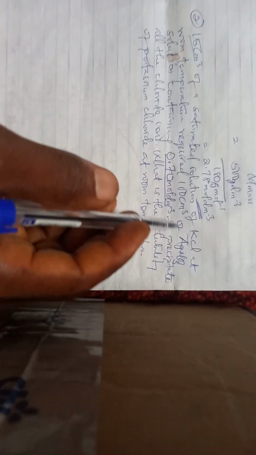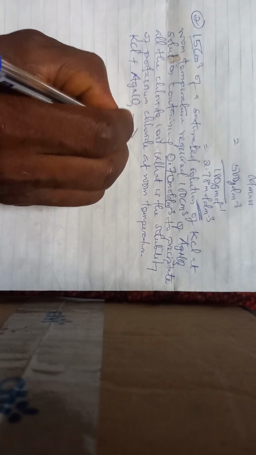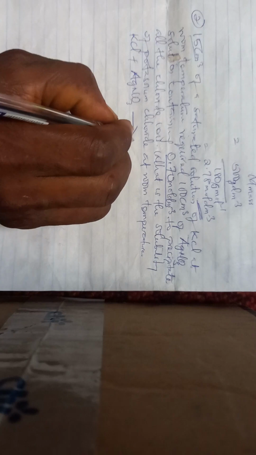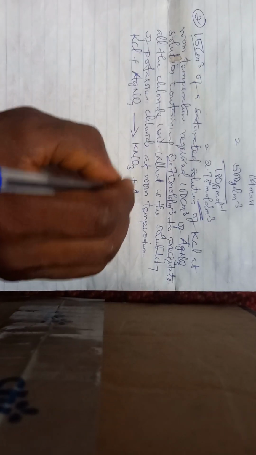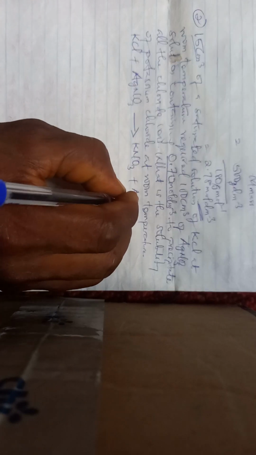Let's write the equation between them so that we can know the relations between them. We usually use silver nitrate to precipitate chloride. So potassium chloride plus silver nitrate will give us potassium nitrate plus silver chloride.